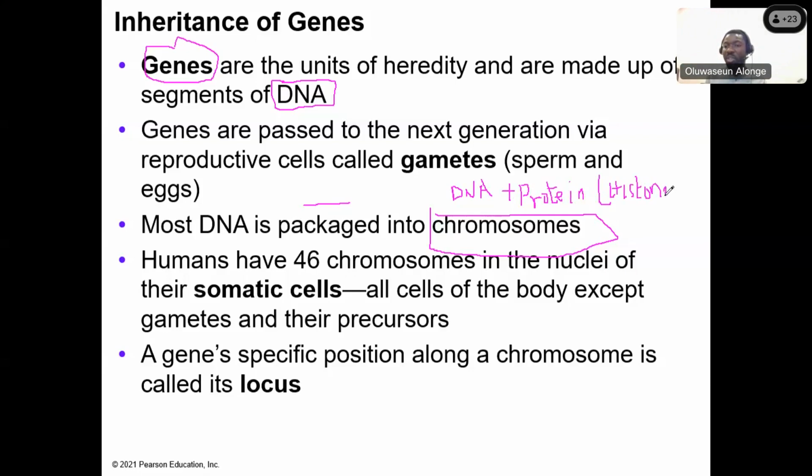This is what makes a chromosome. A chromosome is actually DNA with histone protein. But a portion of a DNA that is coding for a particular trait is called a gene. So the portion of a DNA, the segment of a DNA. So you see, a segment of a DNA is a gene.